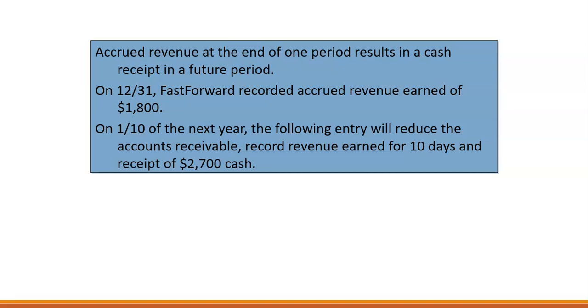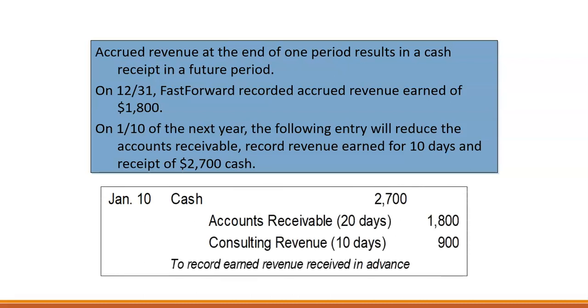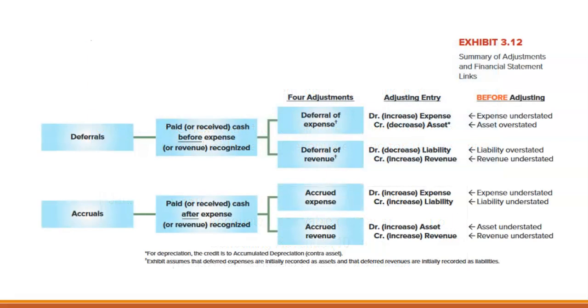So we have this accrued revenue of $1,800, and then in January they pay us. So in January, when we record the payment, we're going to remove that accounts receivable, recognize the remaining 10 days of consulting revenue, and collect cash for that transaction.